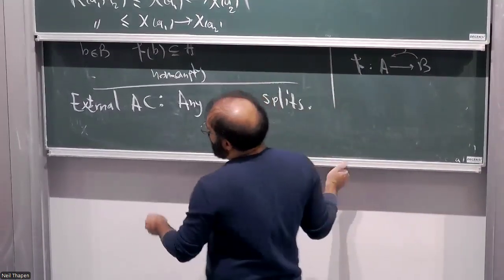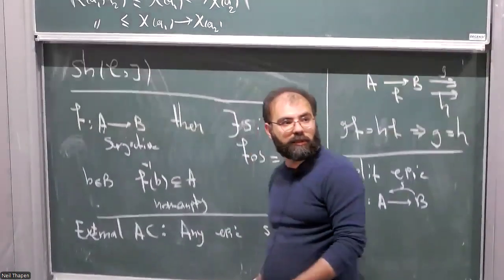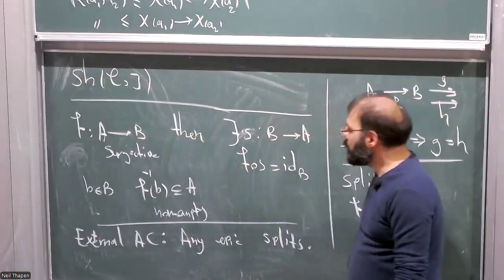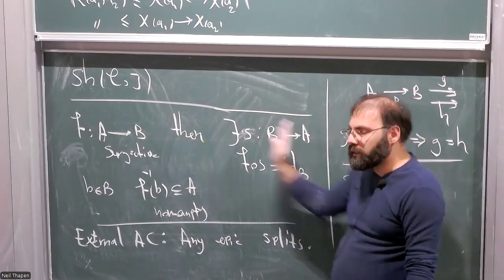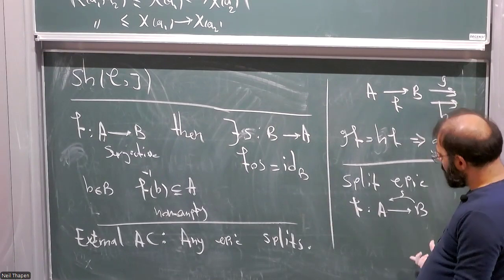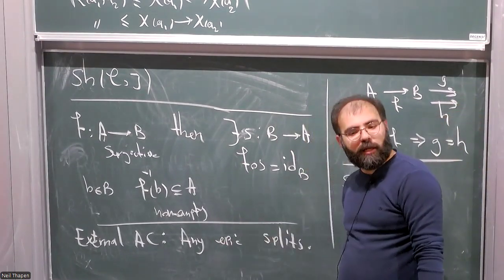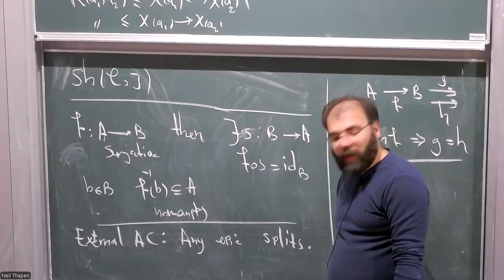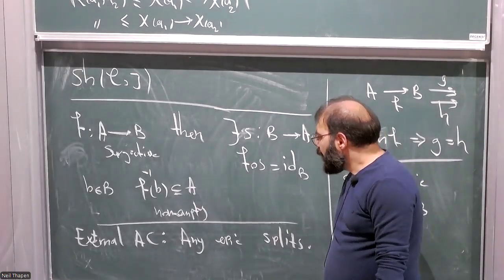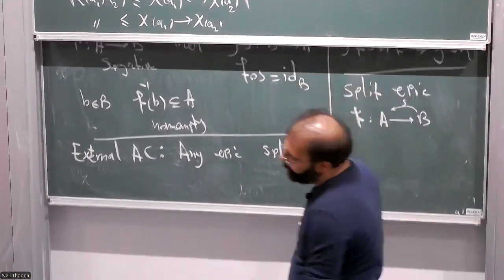So that is the axiom of choice: surjective implies split. That is the definition of split epic. And any epic split is just the external axiom of choice. There is some characterization of this.